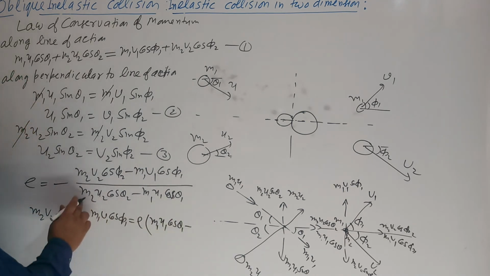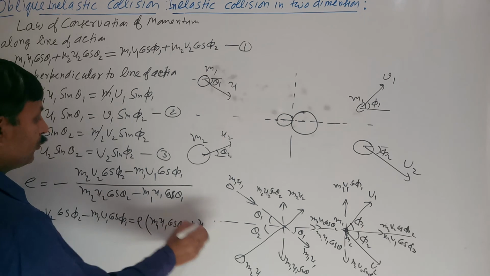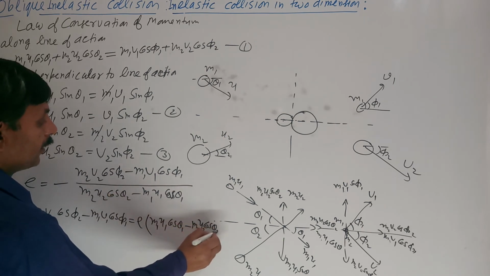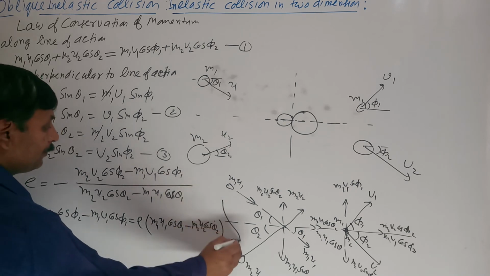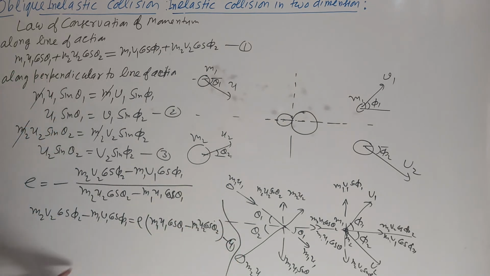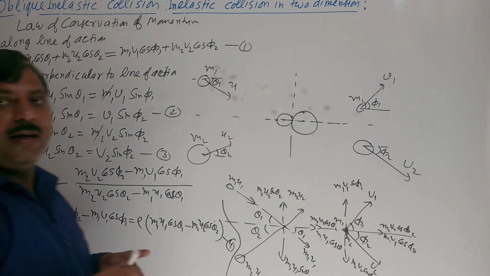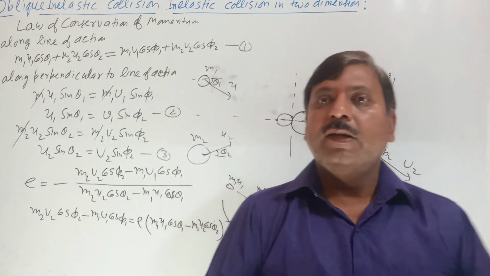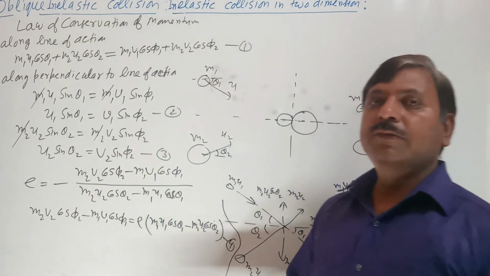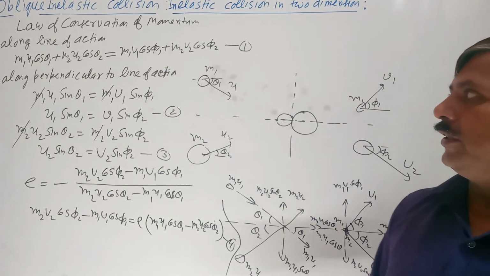This will be the fourth equation. So these 4 equations form for inelastic collision. By solving these 4 equations we can find final velocities.